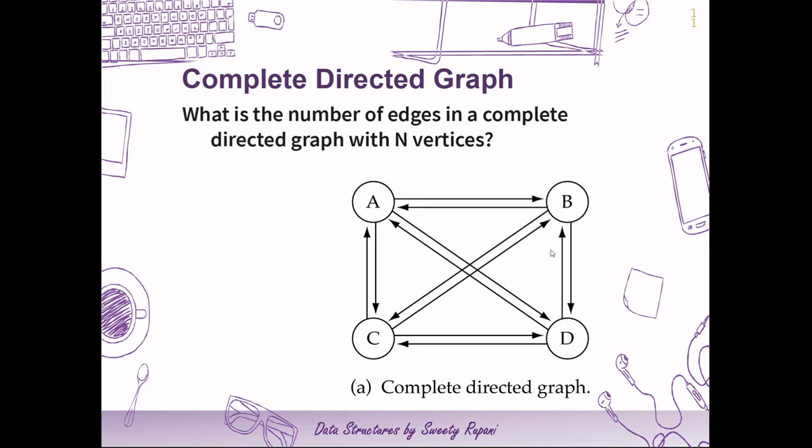So for 4 vertices, we will need 12 edges. We can generalize this to n into n minus 1, that is 4 multiplied by 3 resulting in 12. So this is the formula for finding the number of edges in a complete directed graph. It would always be n, where n is the number of vertices, into n minus 1.